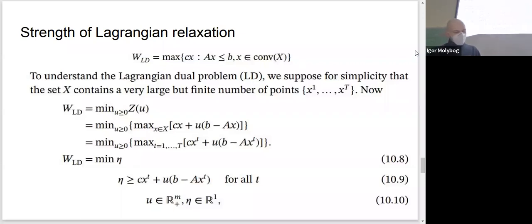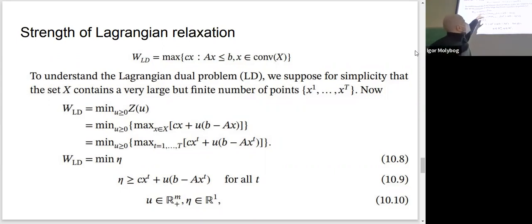I would like to remind you that we have seen a theorem that was saying that the value of the Lagrangian relaxation, defined by minimization over all non-negative u, which are the vectors of Lagrangian coefficients, of z of u, the Lagrangian relaxation expression.